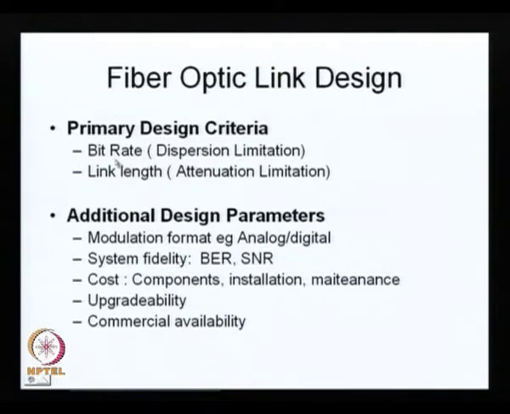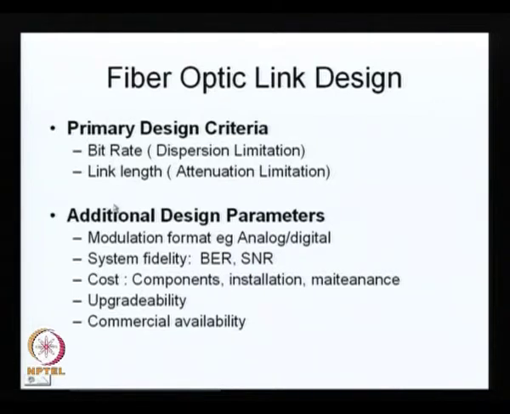But as we have seen, when the bits are transmitted on the optical fiber, because of dispersion, the bits broaden, there is a spreading of the pulses, and then for a given distance there has to be a minimum separation between the pulses so that they do not overlap with each other. So, one of the primary criteria for design is what data rate we want to send on the required optical link.